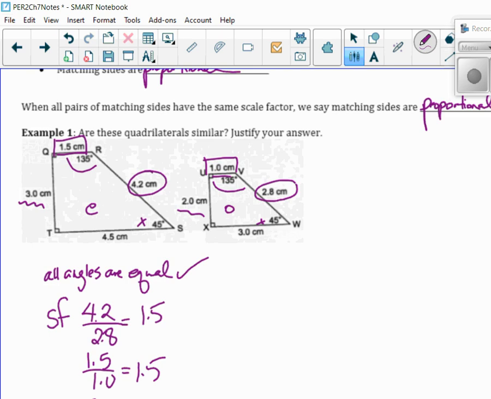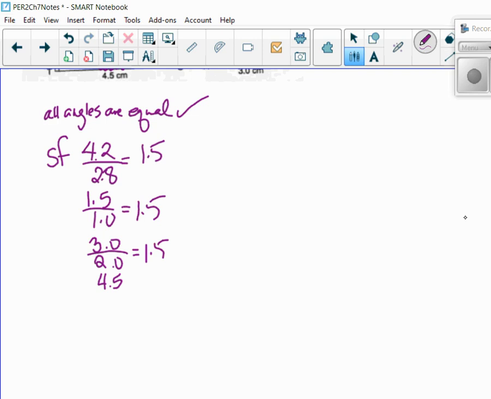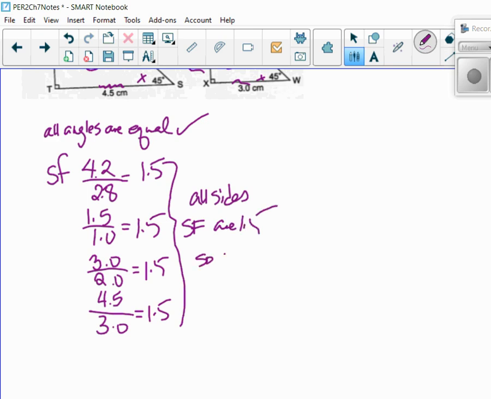I'm going to compare 4.5 to 3, and I get 1.5 as well. So all of these are the same scale factor. All sides scale factor are 1.5. So the quadrilateral is similar. It met the two properties.